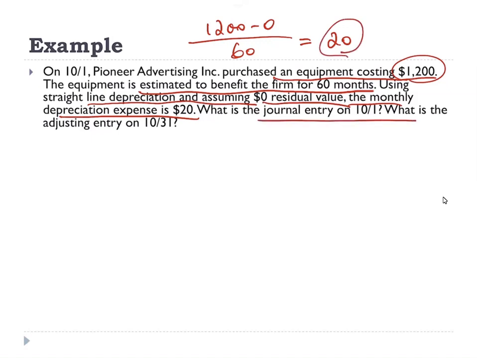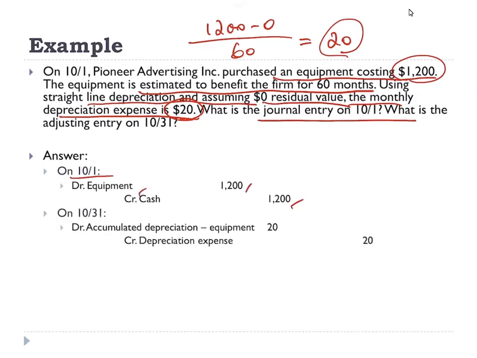The question for you is, given that each month the depreciation expense is $20, what is the journal entry on October 1st? And what is the adjusting entry on October 30th? So on October 1st, the firm spent cash $1,200 to purchase equipment $1,200.